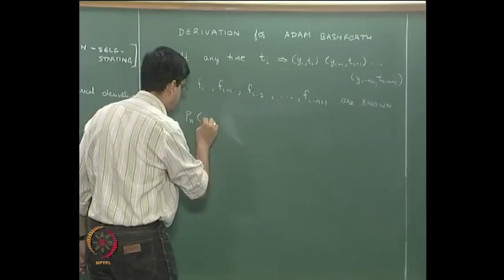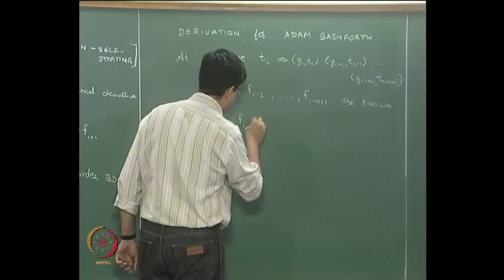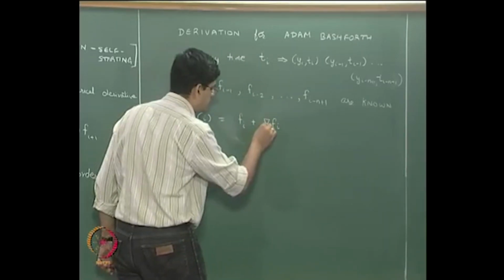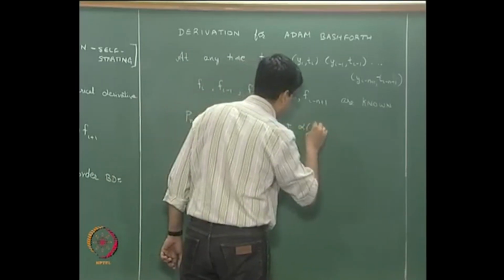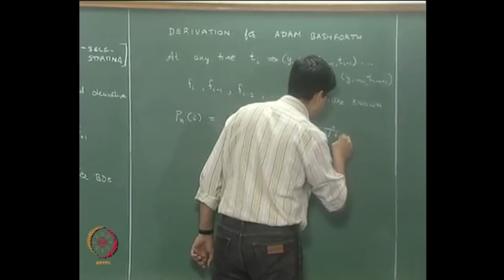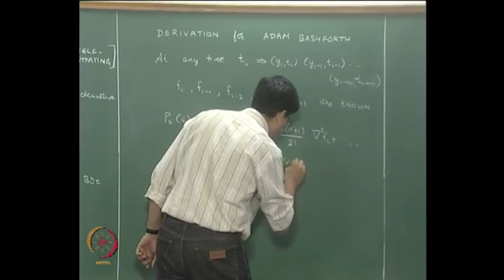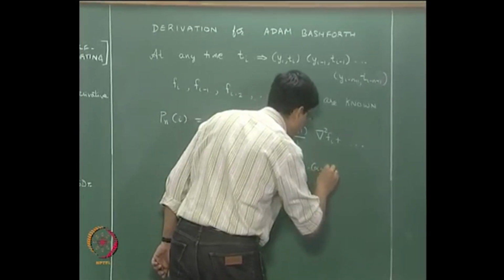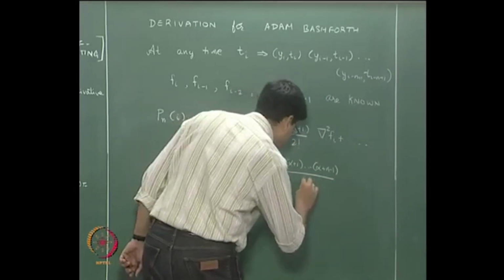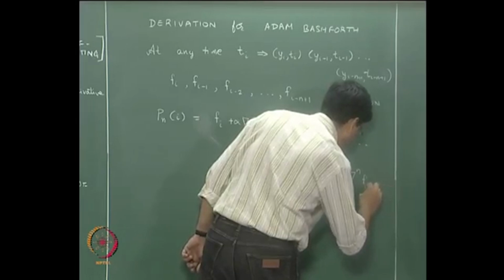P_n computed at location i is going to be equal to f_i plus backward difference f_i multiplied by alpha, plus alpha(alpha plus 1) divided by 2 factorial delta squared f_i plus so on up to alpha(alpha plus 1)...(alpha plus n minus 1) divided by n factorial delta to the power n f_i.